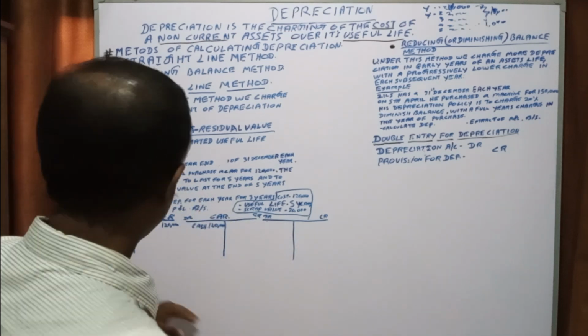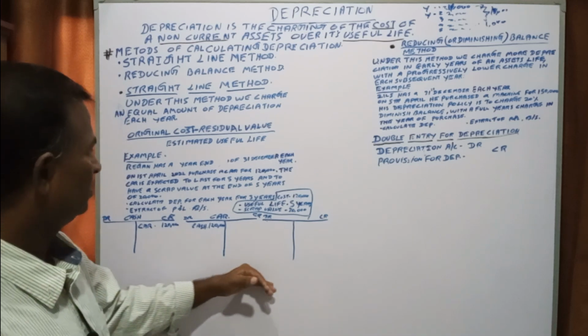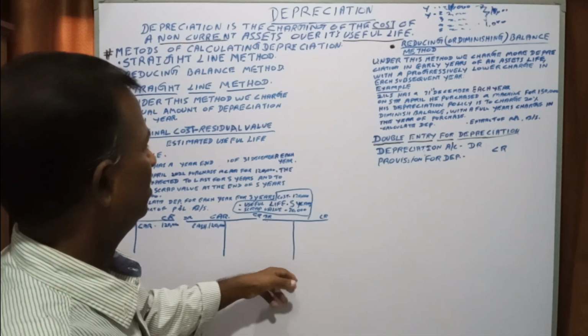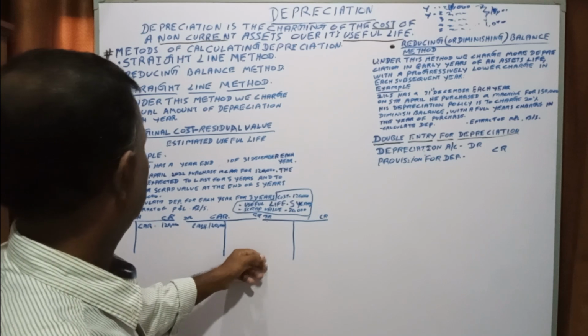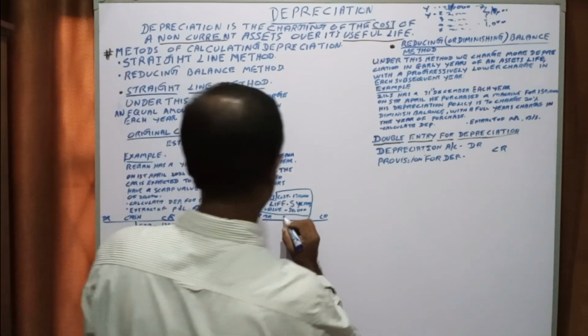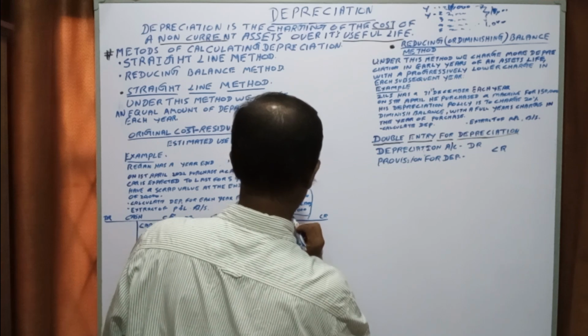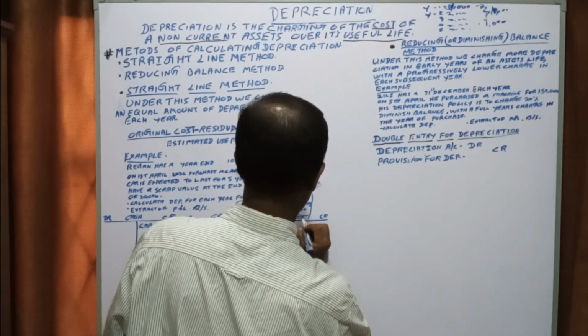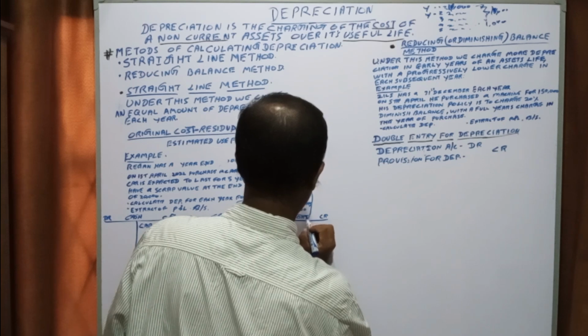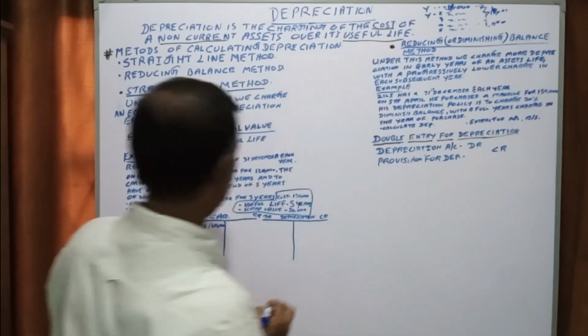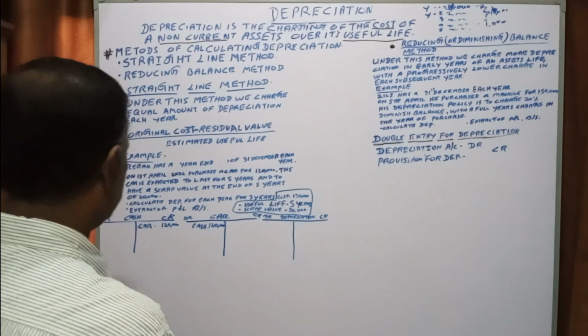So here we have to open an account called depreciation, and another one is provision for depreciation.